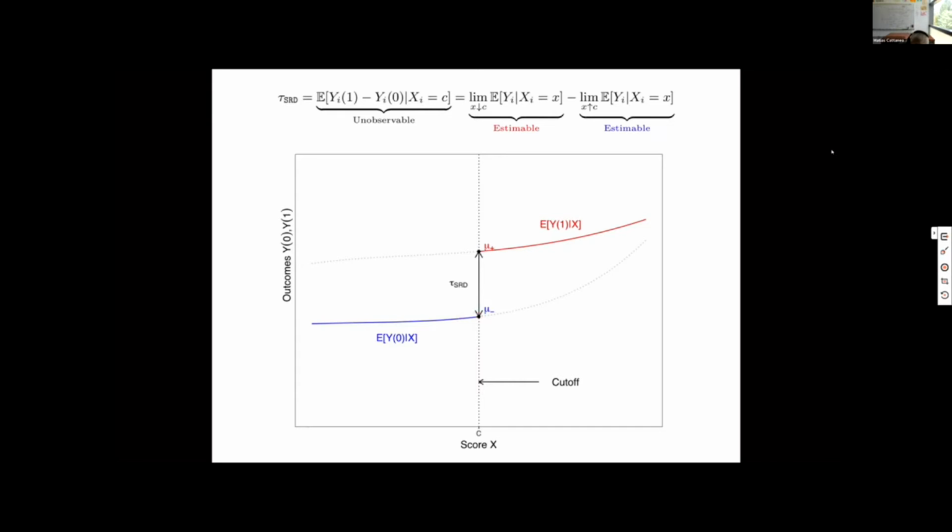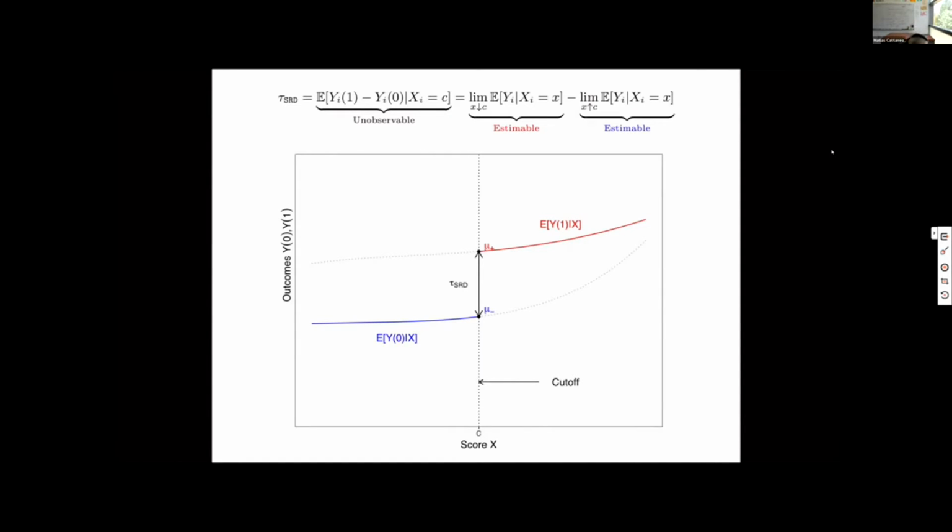And then you will do the same from the right. You will try to estimate the regression function for the treated units, or the units who have scores above the cutoff. And then once you have a good handle on that conditional expectation, then you will try to project it down or predict the value of that conditional expectation at the cutoff.